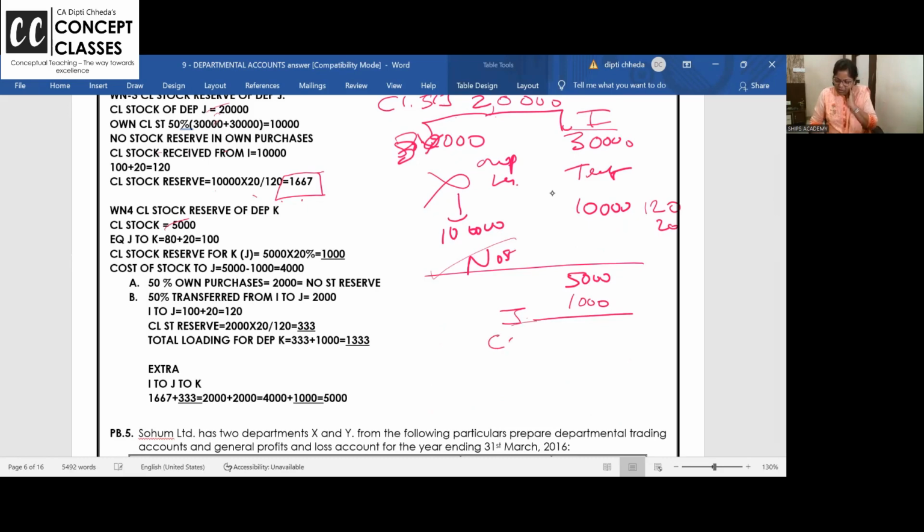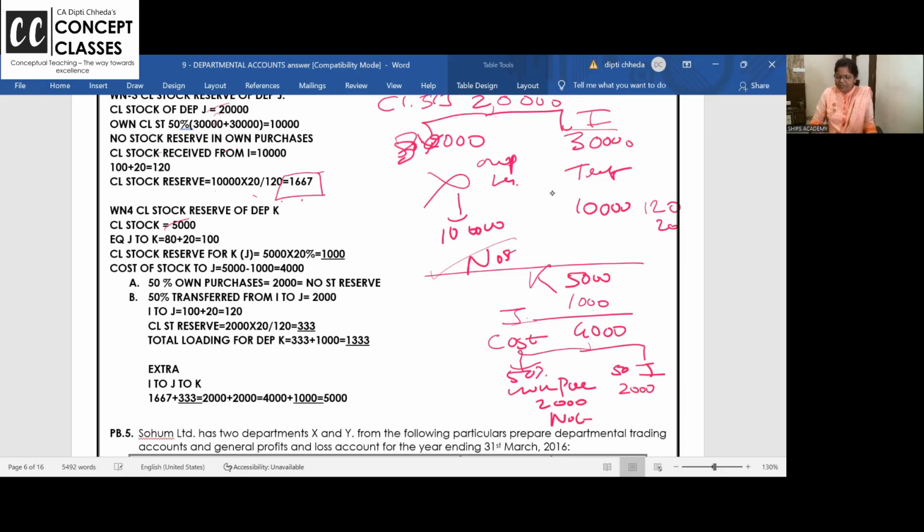So now what is the cost for J? 4,000. J has got 4,000 goods, added his profit 1,000 and gave to K. But J जो 4,000 goods transfer कर रहा है, 50% तो own purchase. Own purchase 2,000, no loading. 50% जो J transfer कर रहा है, that he has got from I. And in this, I's loading is also there.